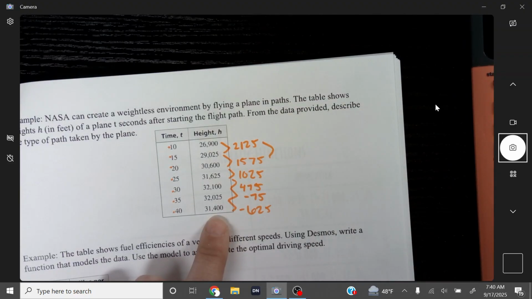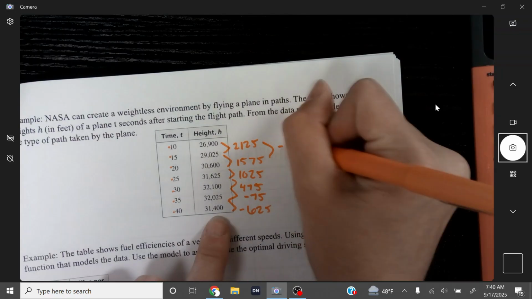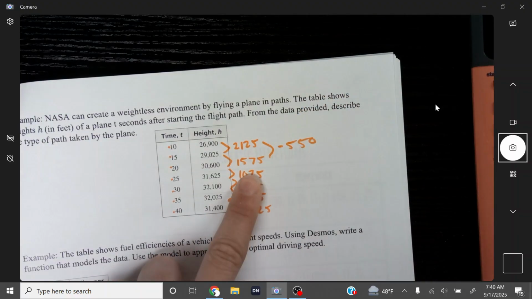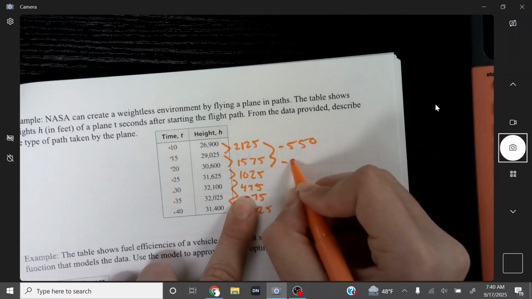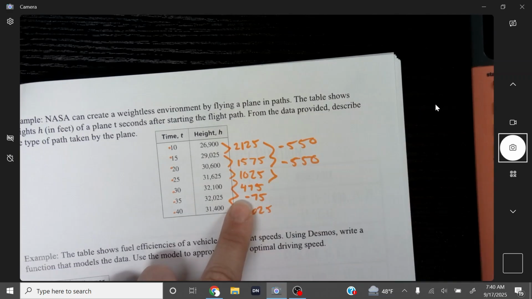From 2,125 to 1,575, we went down 550. From 1,575 to 1,025, we are going down 550. And you'll see this pattern continue throughout the entire thing.